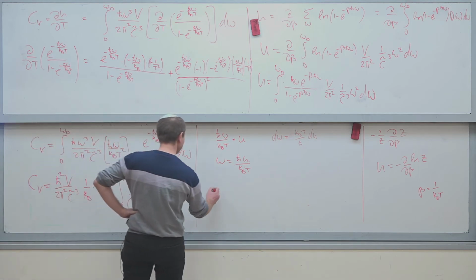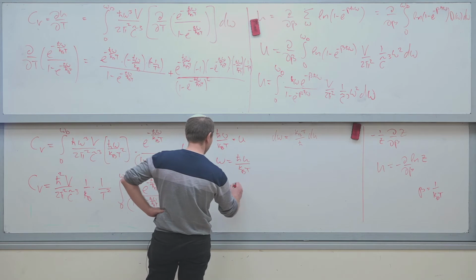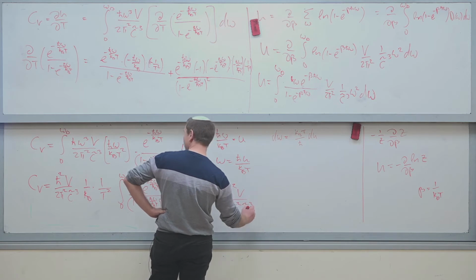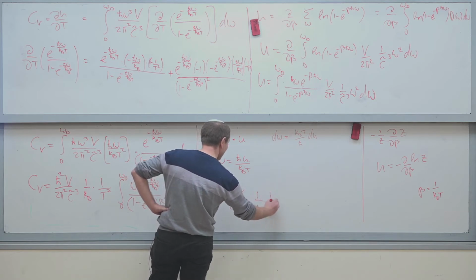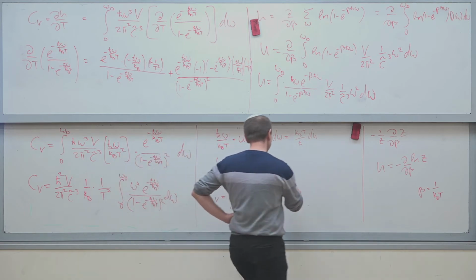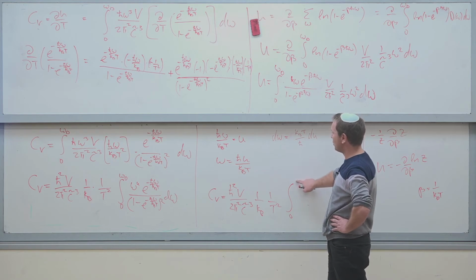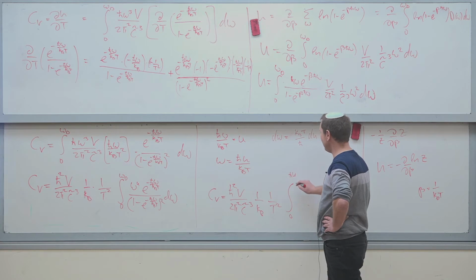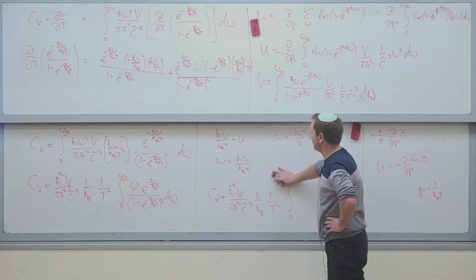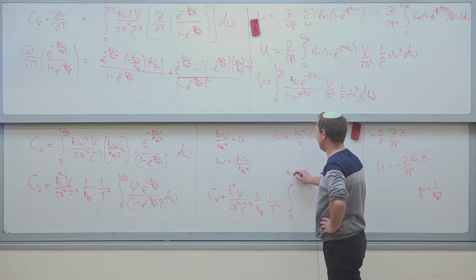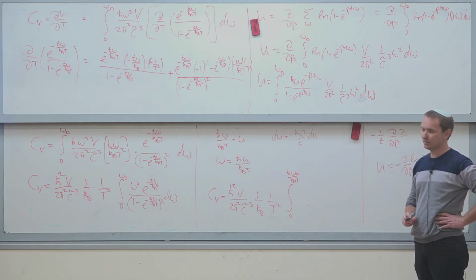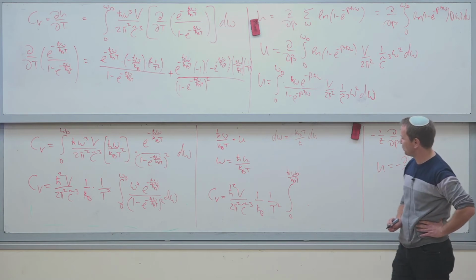So C_V now equals h bar V divided by 2 pi squared c tilde to the third, 1 over k Boltzmann, 1 over T squared, integral between 0 and the new upper limit.